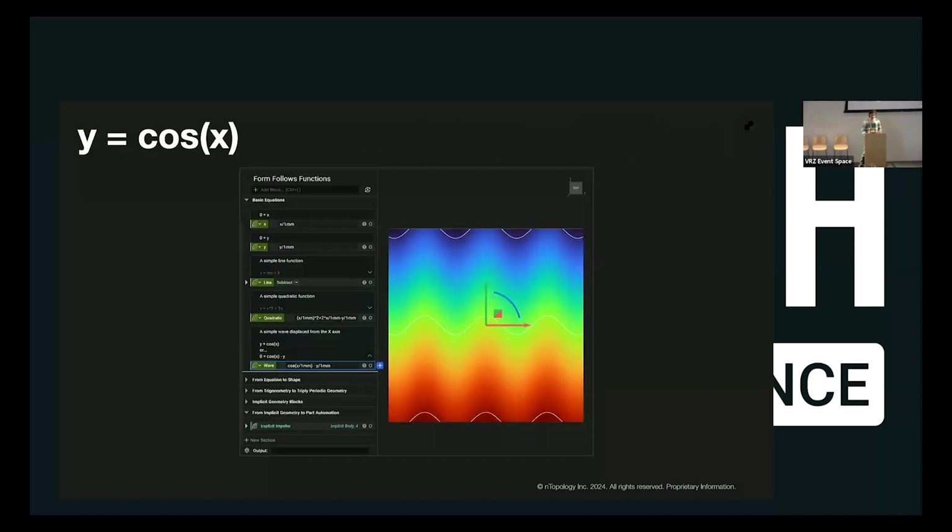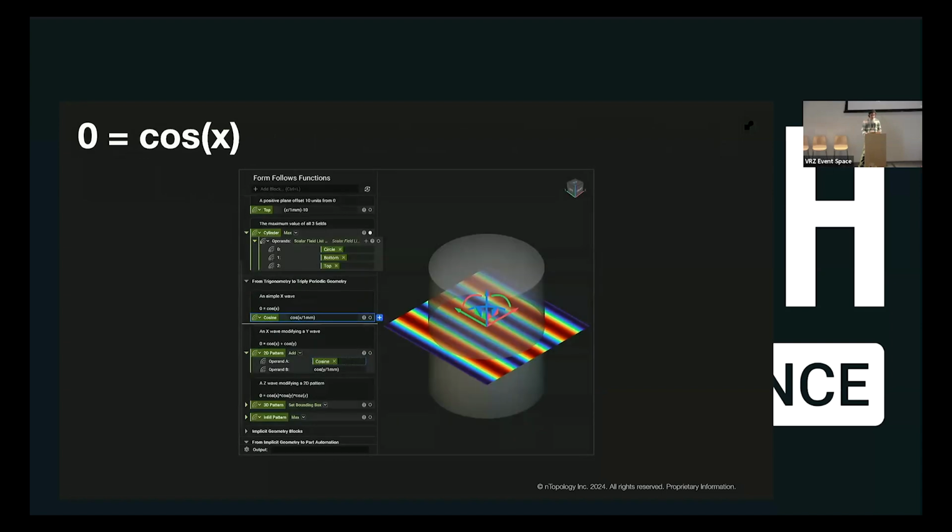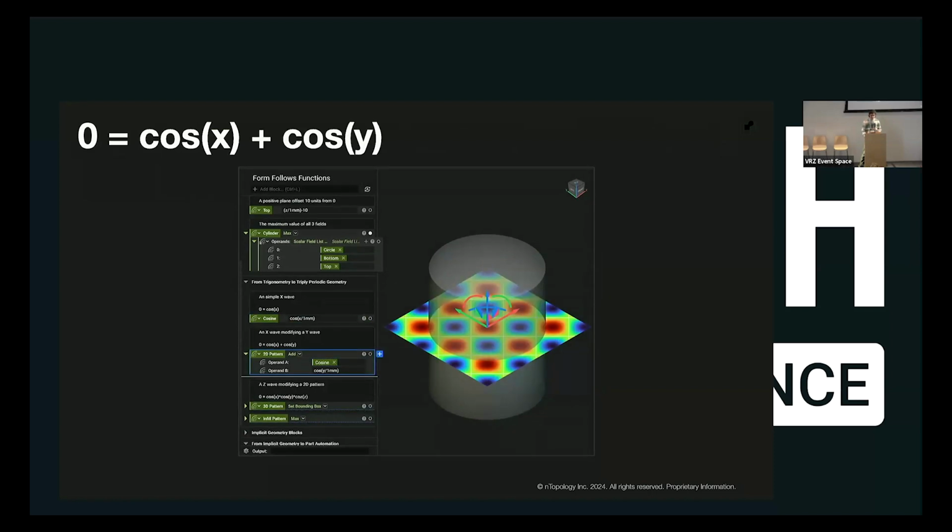Same with trig. We do a lot of patterning. We do a lot of latticing, ribs, whatever. Really what we're talking about is repeating functions. So cosine, modulo, things like that. So y equals cosine x. If you want to apply that three-dimensionally, super simple example, you'll see gyroids all over our website. So cosine of x plus cosine of y. Now you have a 2D pattern in space.